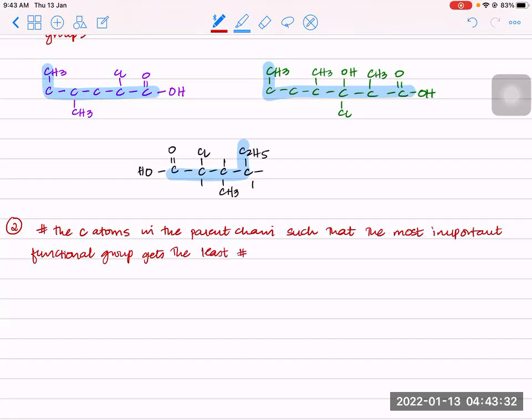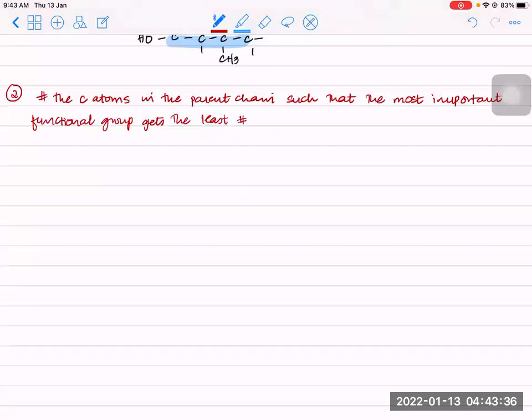Now you will be like, how do we know which one is the most important? So right here we have the list of importance. The most important is carboxylic acid. So this will always get the least number if it is present. Then you have esters. Then you have amine. Then there is nitrile. Then there is aldehyde.